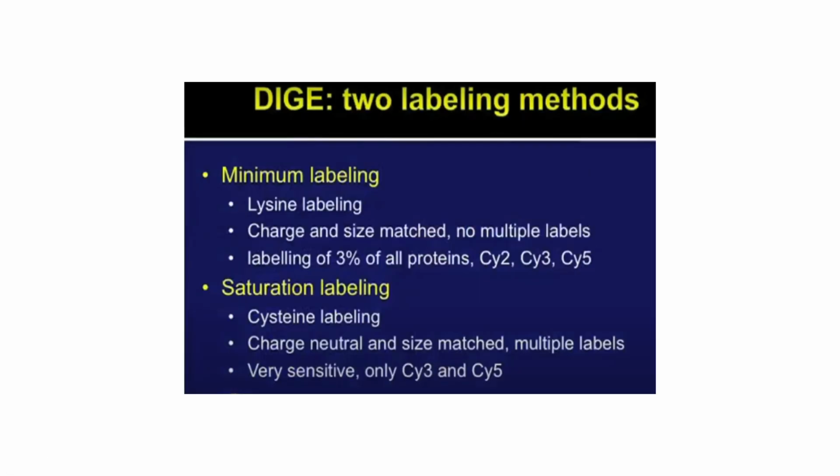So multiple samples can be run in one go and analysis can also be done together. Like the control sample and disease sample can be run together, and you can visualize whether they are overexpressed, downregulated or upregulated. There are 2 types of labeling: minimal labeling and saturation labeling. In one, lysine is used; in the other, cysteine is used.